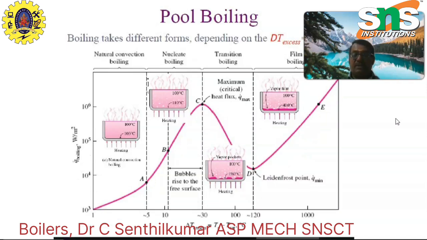Here we can see the first delta T value is less than 5. For less than 5, natural convection takes place. We can see here in this diagram, this is natural convection, the first phase.